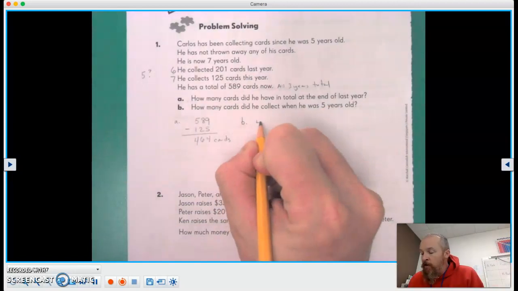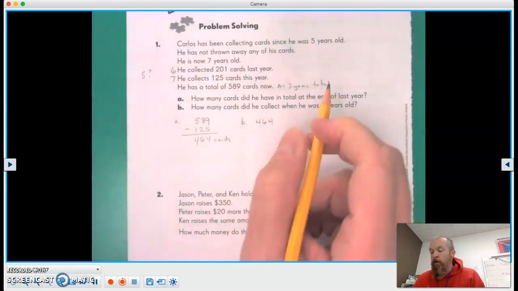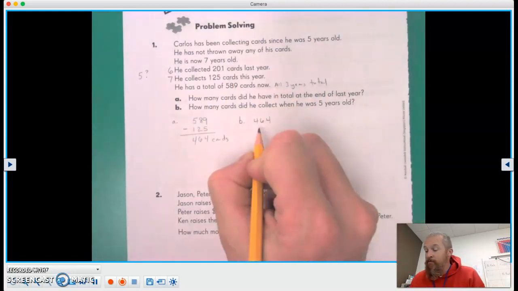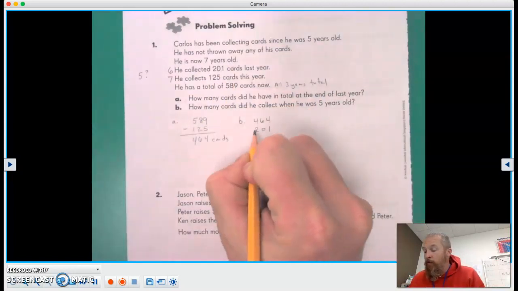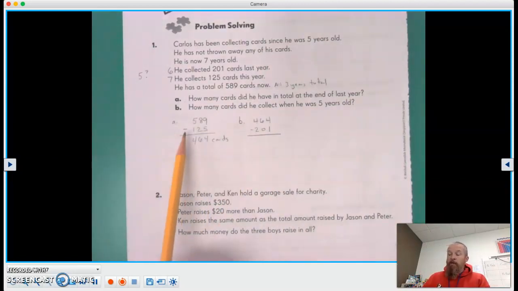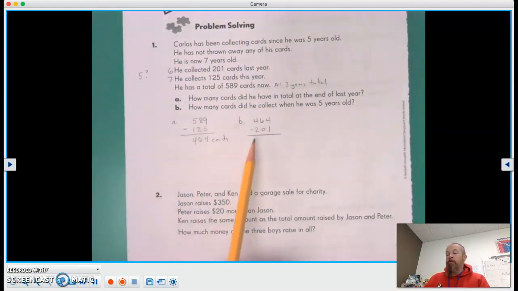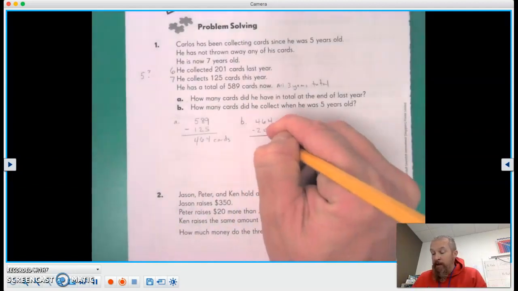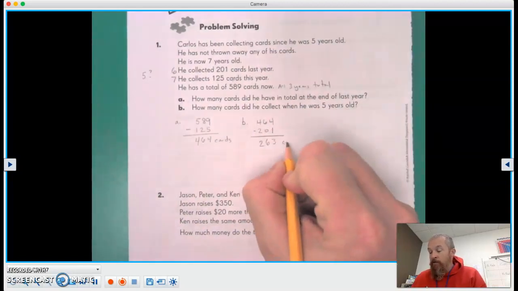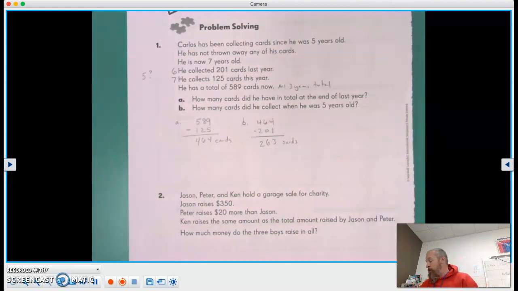So we're going to use our number here, 464, and take away the cards he collected when he was 6, which was 201. So now we've taken the total, taken away the cards when he was 7, and now we're taking away the cards when he was 6, and that will give us how many cards he had when he was 5. So again, that was 263 cards.